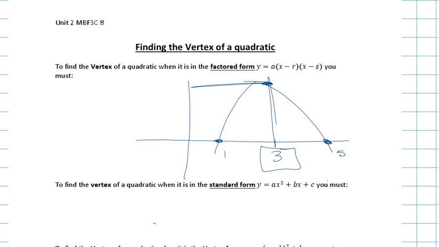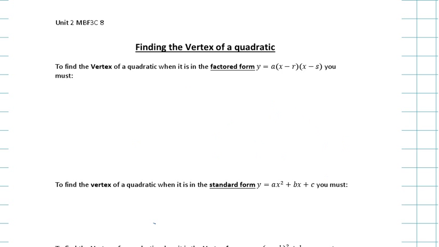All right? So first of all, if it's in factored form, we know that we can find the zeros. So to find the vertex, if it's in factored form, the number one thing you have to do is find the zeros.